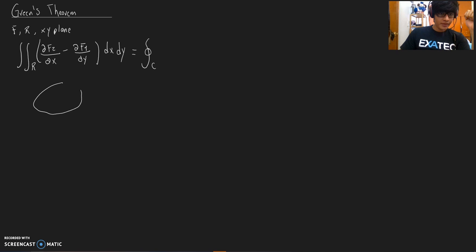So maybe if we have this region R, C will be this contour that we have of the region R. So now the integral will be evaluated as this.